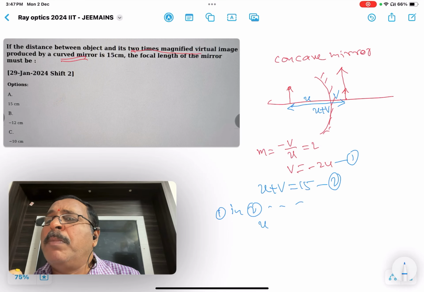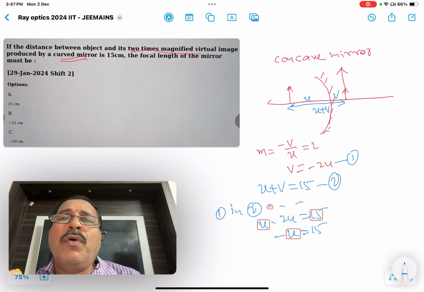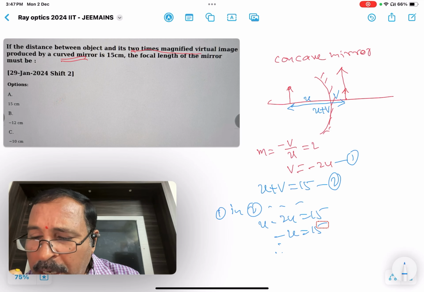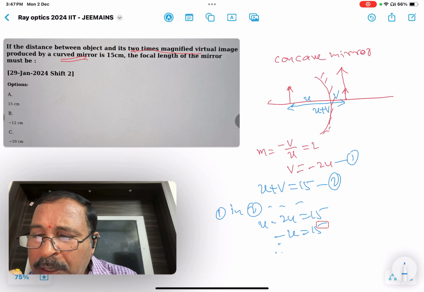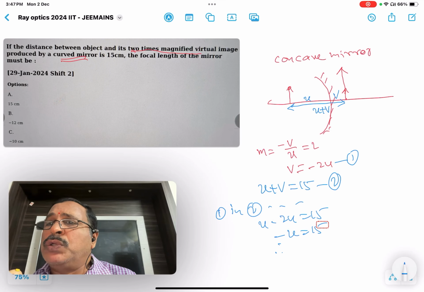Okay, u minus 2u equals 15, then minus u equals 15. Therefore, u equals minus 15. This is a concave mirror, so that is minus 15, and we have to substitute v also there.